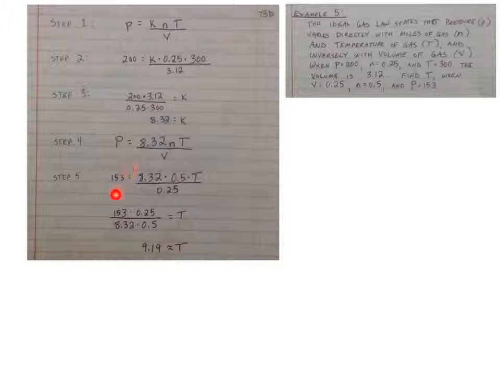So we plug in 153 for pressure, 8.32 for K, 0.5 for N, and 0.25 for volume, leaving the T variable for temperature. And if we solve that out, we find that T is approximately 9.19, and that's the solution to the problem.